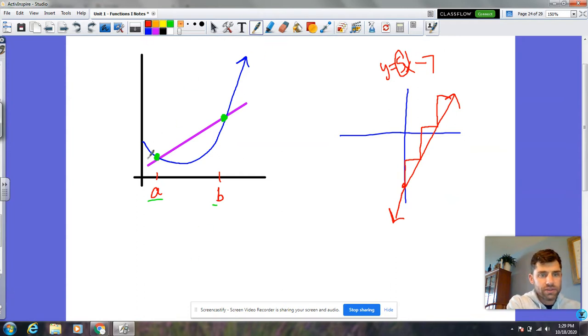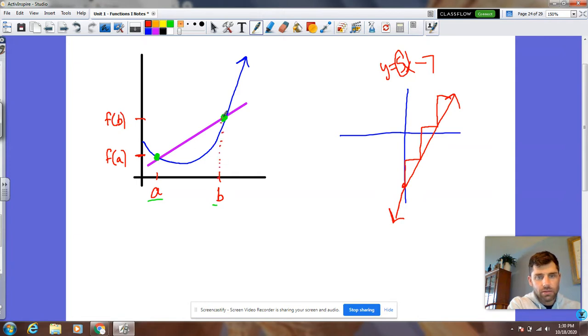So if this point on my graph is a, this spot on the y-axis will be f of a. There's my output. My input is a, my corresponding output is f of a. Same thing here, there's f of b. Okay, so hopefully that makes sense. There's b. If I go up to that point, there's f of b.